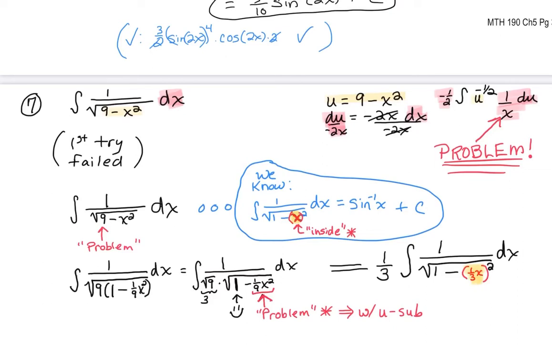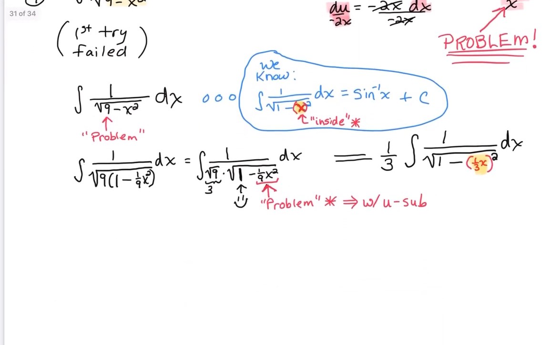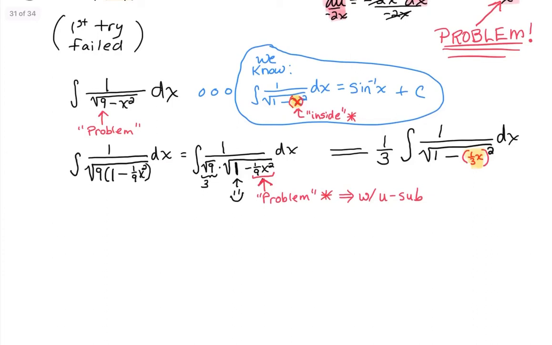All right, so let's give this a go. So what do we now have? We just identified that our u is going to equal 1/3 x. So there's my u.